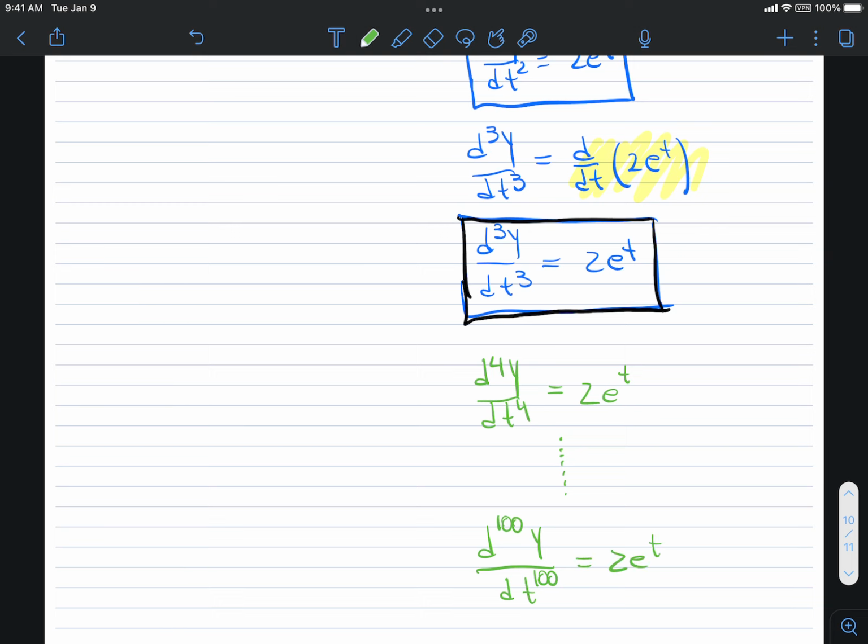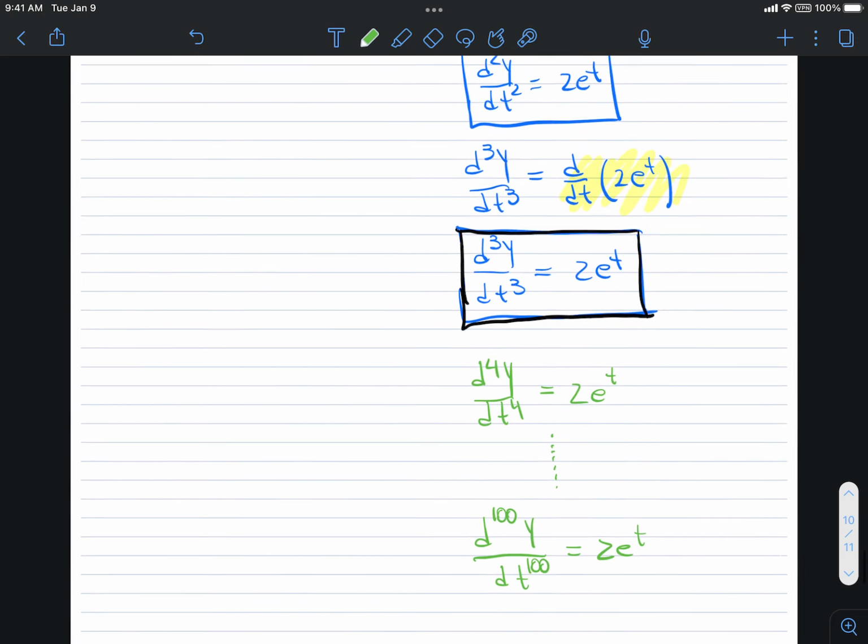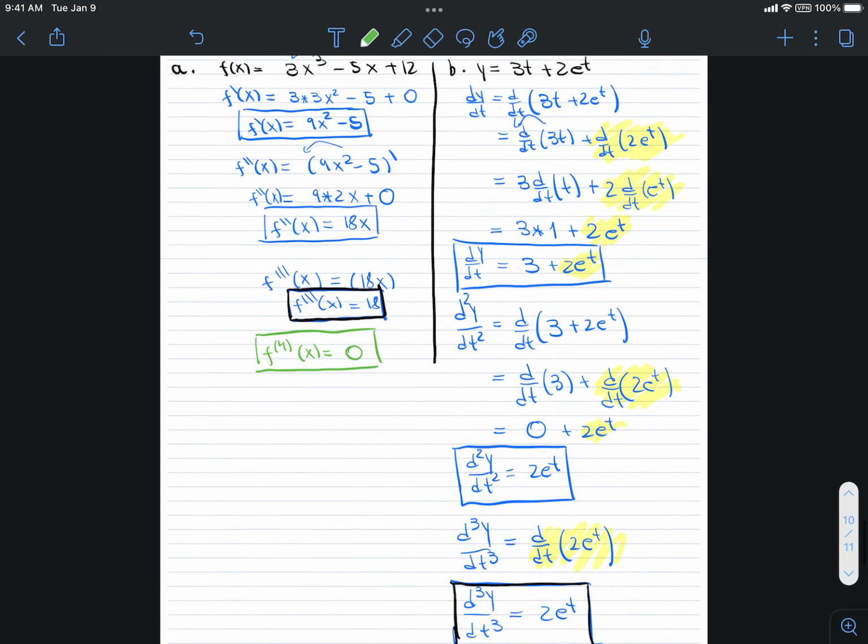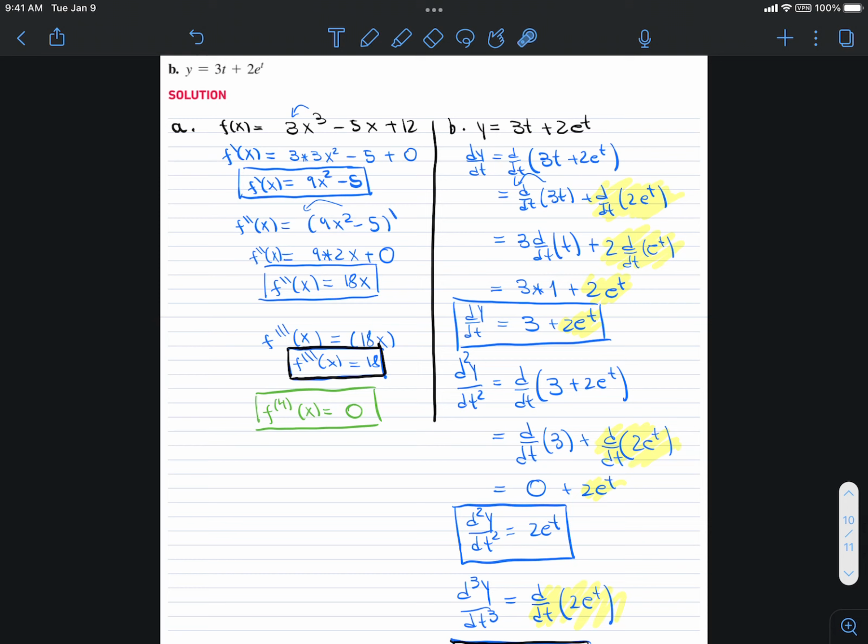This phenomenon of deriving over and over again, what happens to polynomials, losing degrees and eventually disappearing, is something that I sometimes refer to as killing the polynomial. The polynomial dies after 4 derivatives. It just goes away, becomes 0.